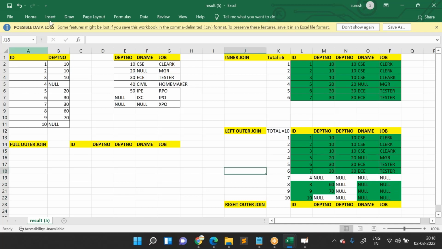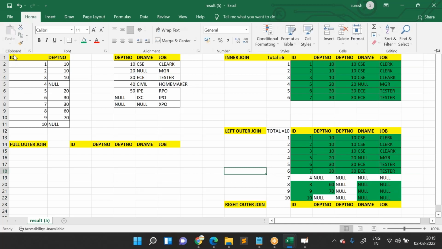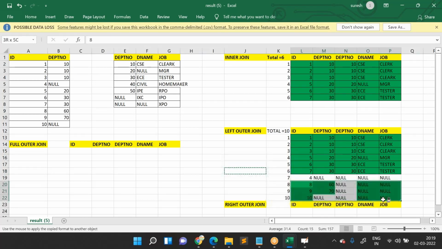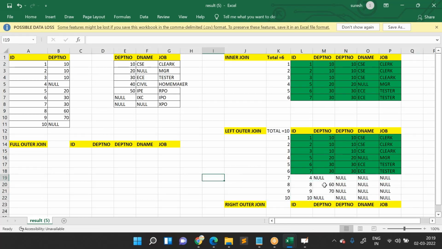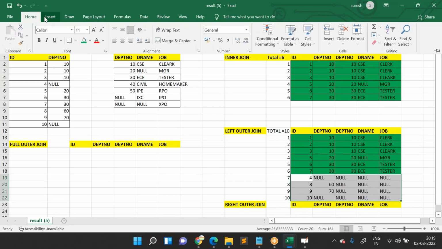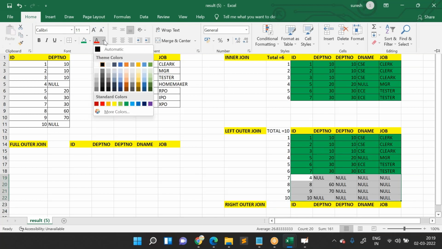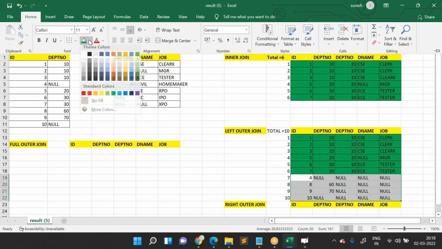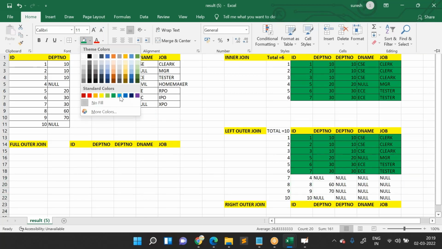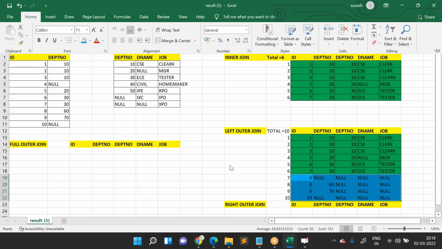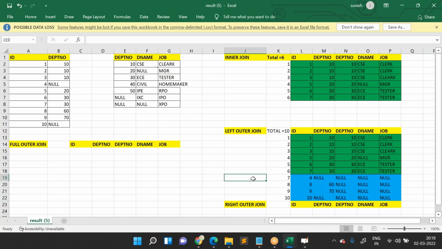Is it clear? Any confusion here? Any doubt?